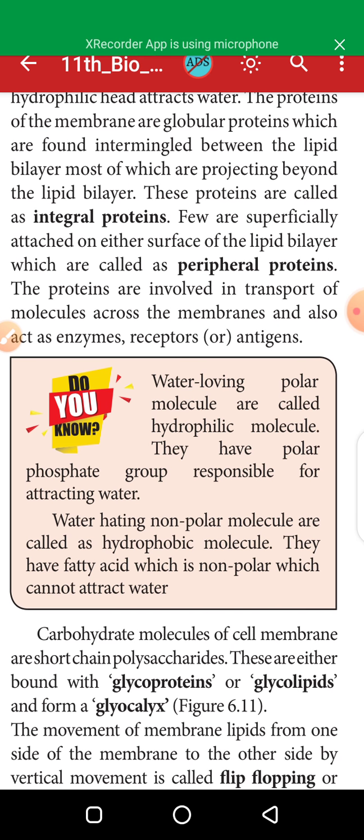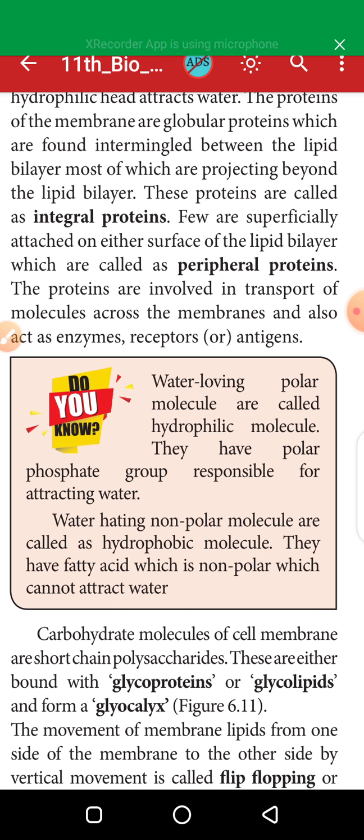Water-loving polar molecules are called hydrophilic molecules. They have polar phosphate group responsible for attracting water. Water-hating non-polar molecules are called hydrophobic molecules. So அதை பார்த்தீங்கன்னா they are fatty acid which are non-polar and cannot attract water.